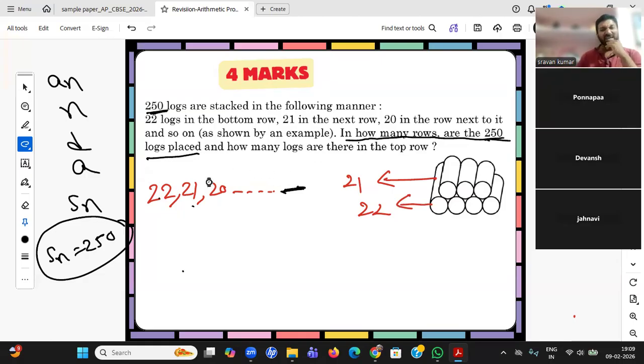Again, AN is 250. How many rows have 250 logs placed? You see, 22, 21, next 20, next 19, and the series goes on. How many rows are there in 250 logs placed? In how many rows are 250 logs placed? What does that mean, student? Sorry, A of 250.